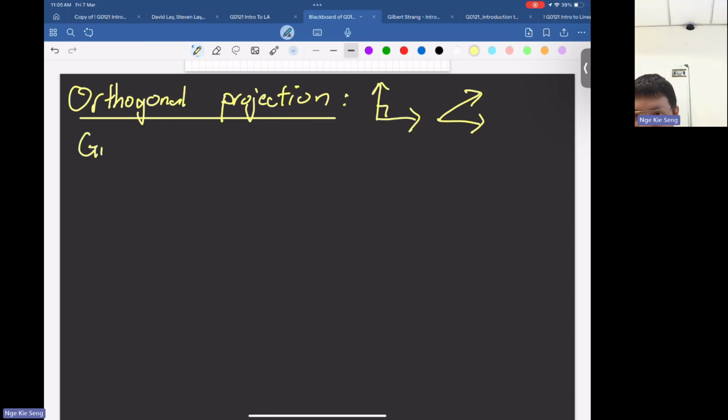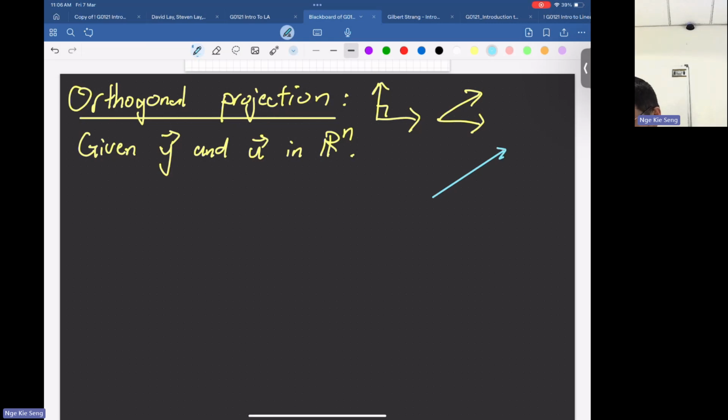So let's start with two vectors, y and u in Rn. Because I cannot draw a random Rn for you, I just draw the two-dimensional case. So let's say we got a y here, and then we got a u. Maybe they are not the same length. That's fine.